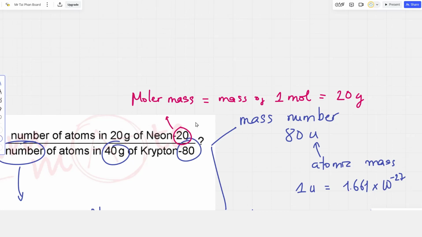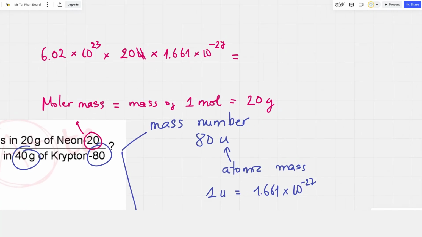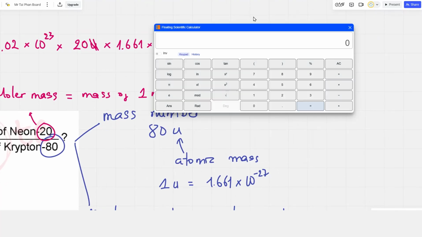In 1 mole, the number of particles in 1 mole of neon is the Avogadro number 6.02 times 10 to the power 23, and then we multiply with the mass of one single atom, which is 20 U. Okay, and because this U is equivalent to 1.661 times 10 to the power minus 27, do this multiplication and we'll get a kind of special value here.